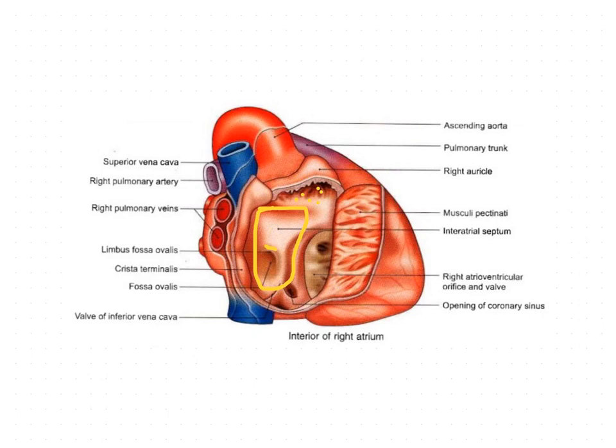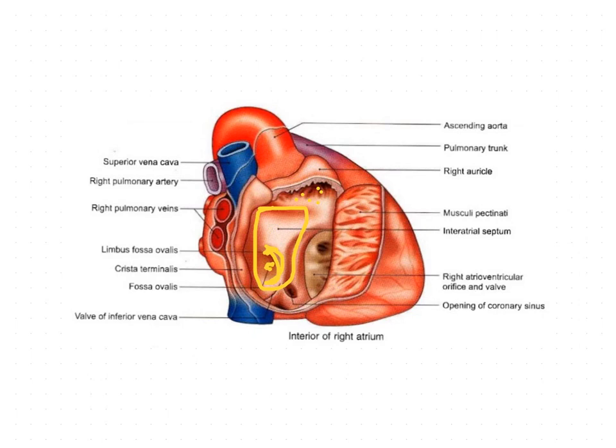This depression represents the site of the embryonic septum primum. So the septal wall is derived from septum primum and septum secundum, and the fossa ovalis represents the embryonic septum primum.